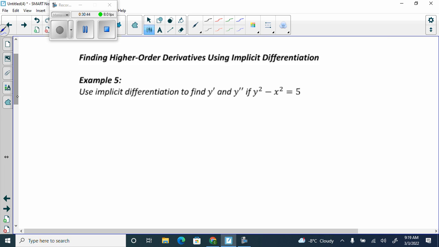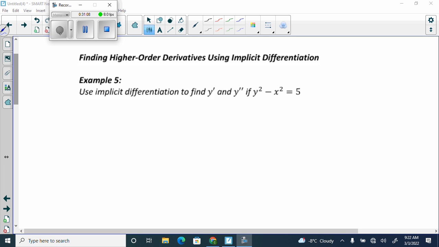Okay. I want you guys to find y prime for this, and then we're going to find y double prime. Go. For this question, instead of writing dy over dx, I'm going to write y prime, because it's the same thing. I'm just proving a point that you can do it either way, and you're not wrong. This one wants us to find y prime, so I'm going to use the y prime form.